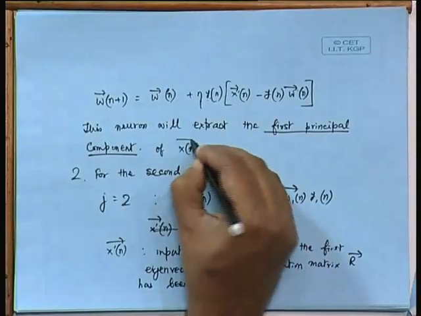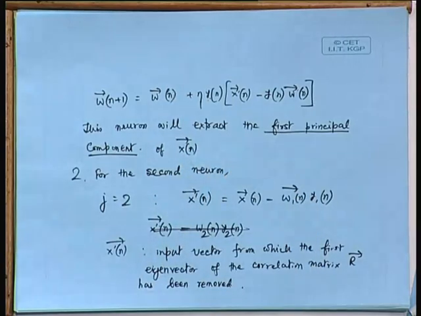It will extract the first principal component of x prime n. Earlier it was extracting the first principal component of x n, and now it is going to extract the first principal component of x prime n, and the first principal component of x prime n means that it becomes the second principal component with respect to the original vector.